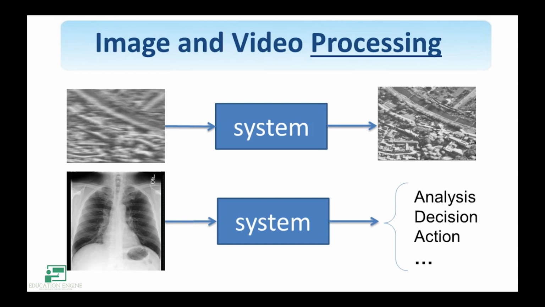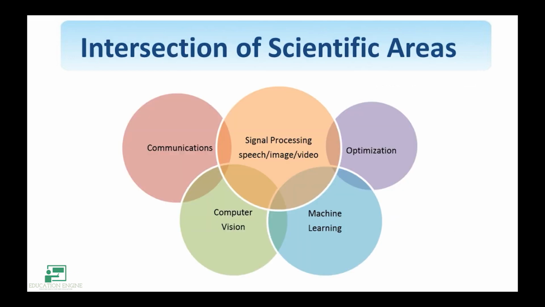As the example here shows, this is a chest x-ray at the input, and based on the analysis that will be performed, whether there is a malignant tumor or not, for example, certain decisions and actions will be the output of the system.